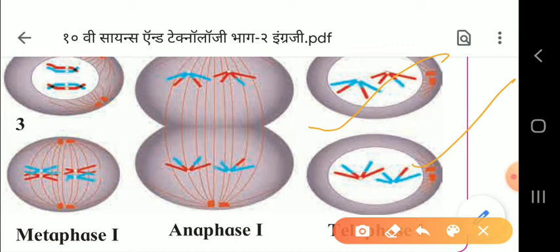So this way we can see that from one cell, with different stages, two cells are formed, passing through the different stages as prophase 1 to 5, metaphase 1, anaphase 1 and telophase 1. So how from one cell two cells are formed. This is meiosis part 1.